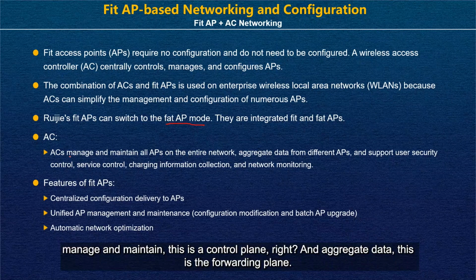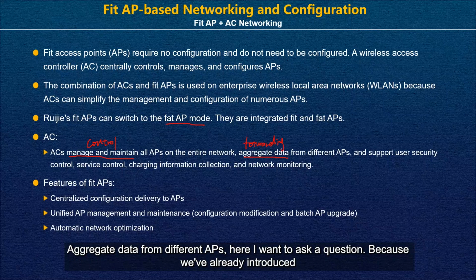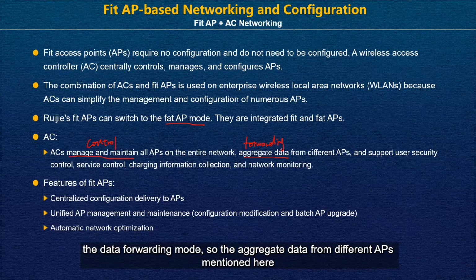Manage and maintain. This is the control plane, right? And aggregate data. This is the forwarding plane. Aggregate data from different APs. Here I want to ask a question because we have already introduced the data forwarding mode.